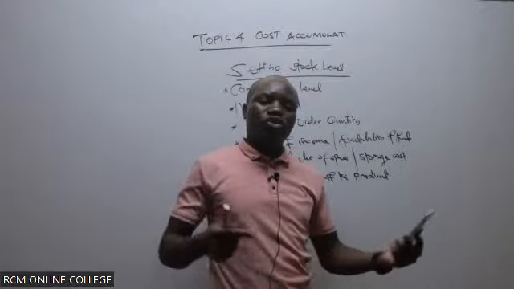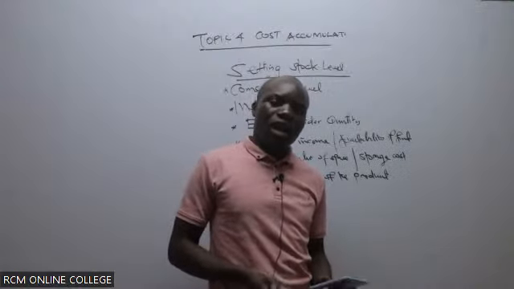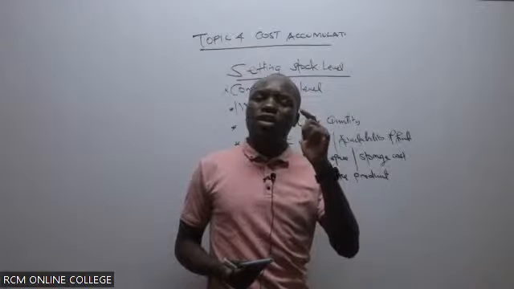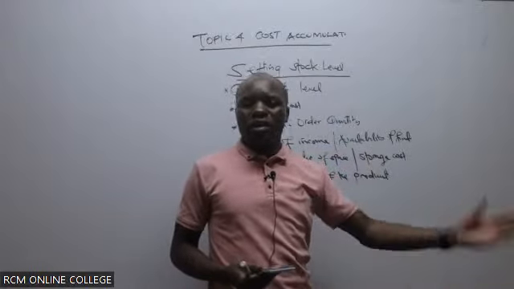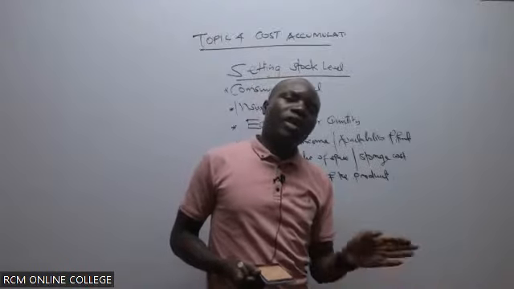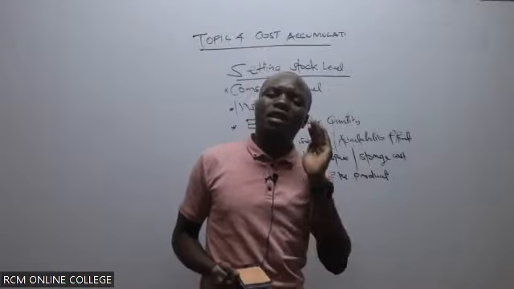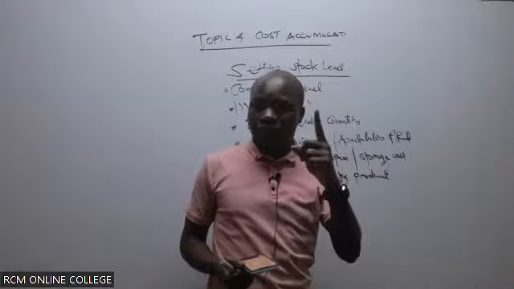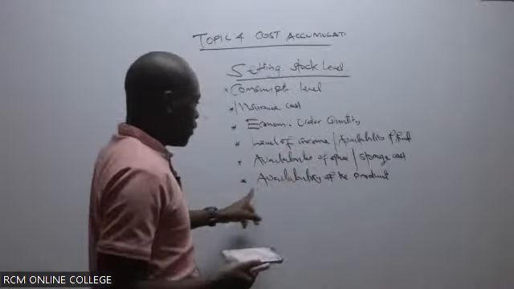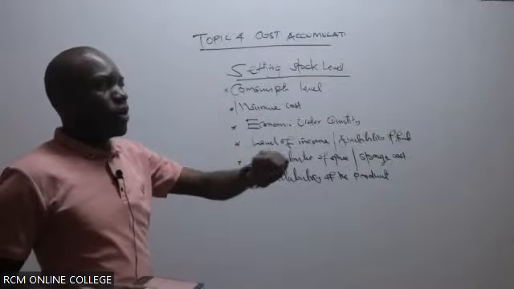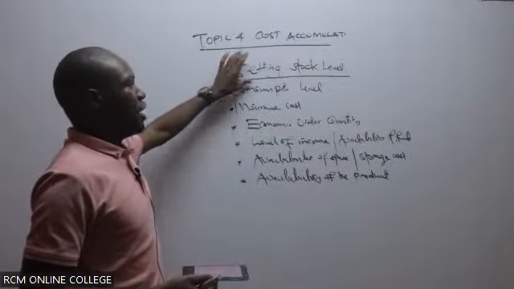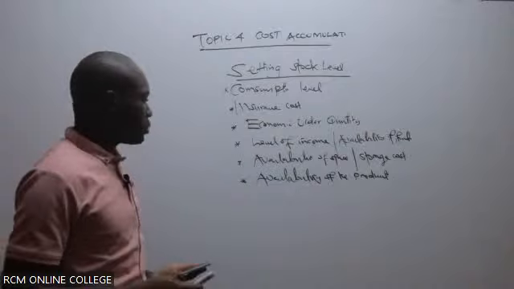Because you want to do continuous production, and it is the main raw material that you need, you're going to purchase in bulk, even enough to serve you for the entire year, so that at any given time you will not have a deficit. So the availability of the material you want to purchase will also determine the quantity you are going to purchase, or the level you are going to set.